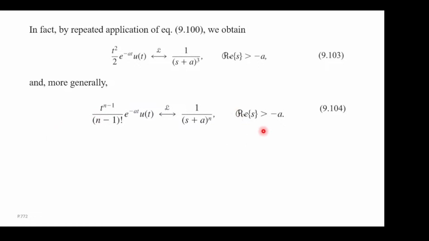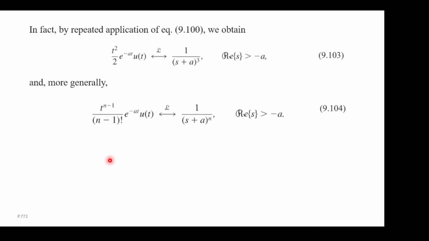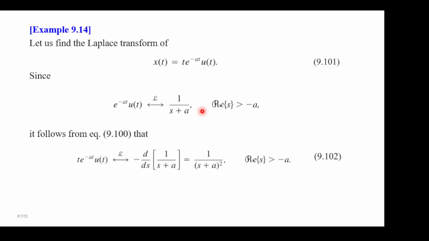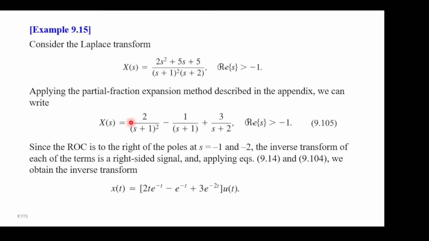And if you think about the left of the pole, then you need to do the derivative of the other equation, on the left of the pole, of 1 over s plus a. But anyway, that will be in the table later. So that's how you do inverse Laplace transform for any rational function.